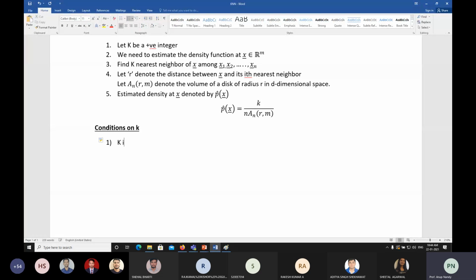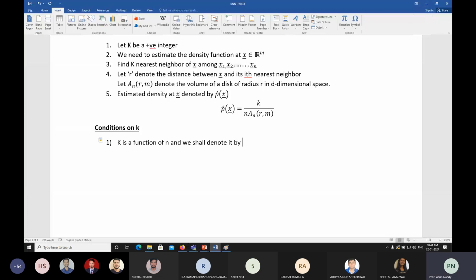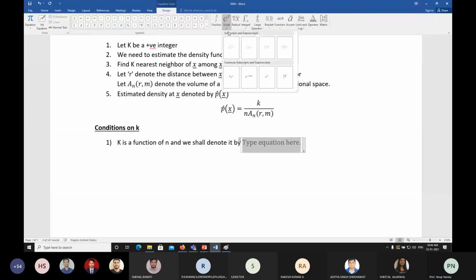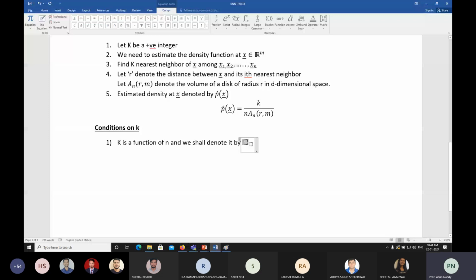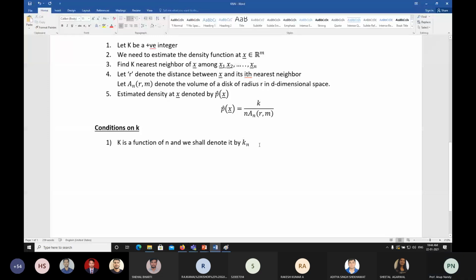So K is a function of N. We shall denote it by Kn.